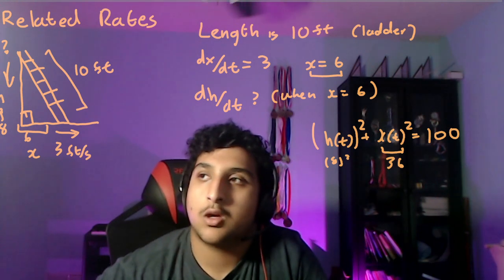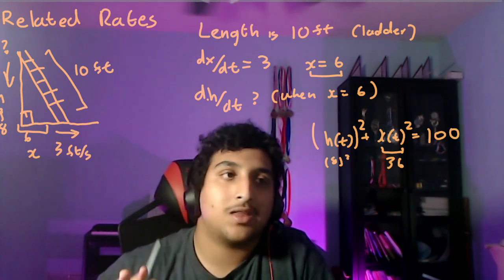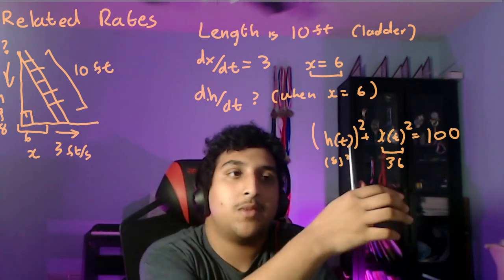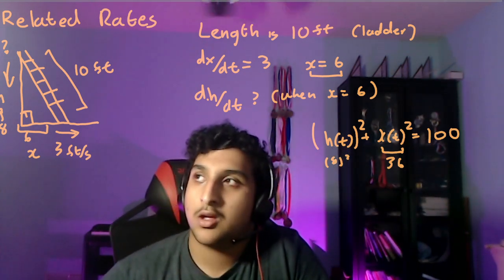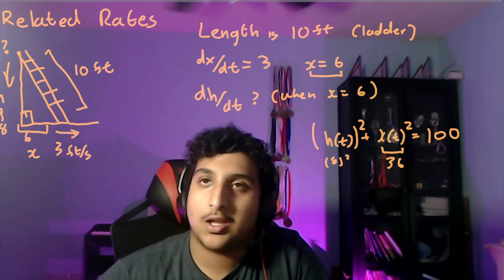We want to take the derivative of this, and then maybe we could get an h prime of t term. How about we look into that a bit more? So we have h squared. Just not to cause confusion, I'll put a bracket around it and add the exponent. x of t squared equals 100.